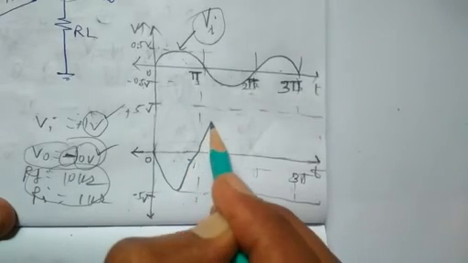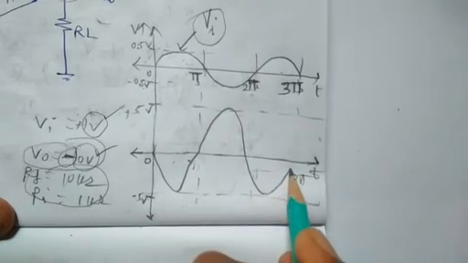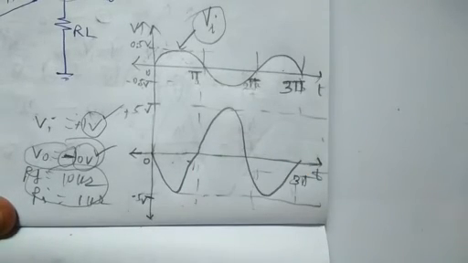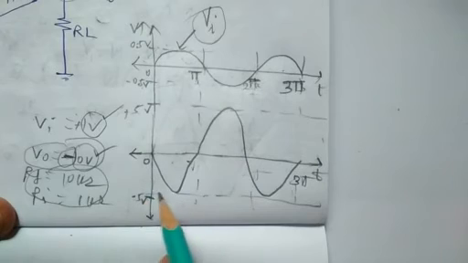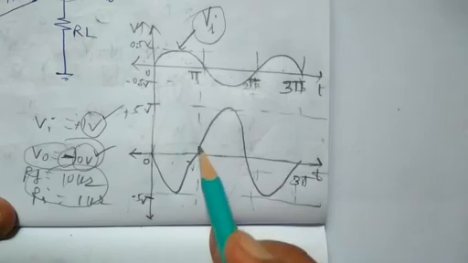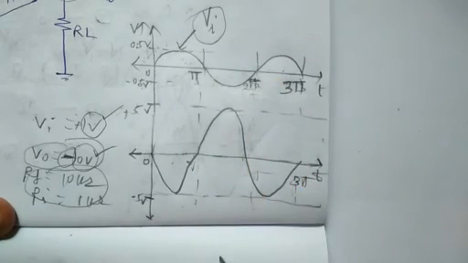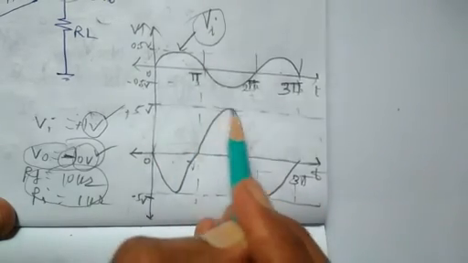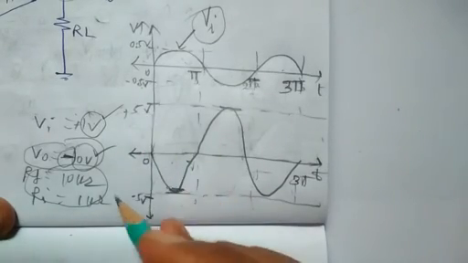So you have to draw your waveform like this. For the positive peak, you will have a negative peak but amplified version. You will have an amplified output. And for the negative peak, you will have a positive peak. And similarly for the positive peak, you will have a negative peak. The peak to peak amplitude for the output is plus 5 volt to minus 5 volt, which is 10 volt.